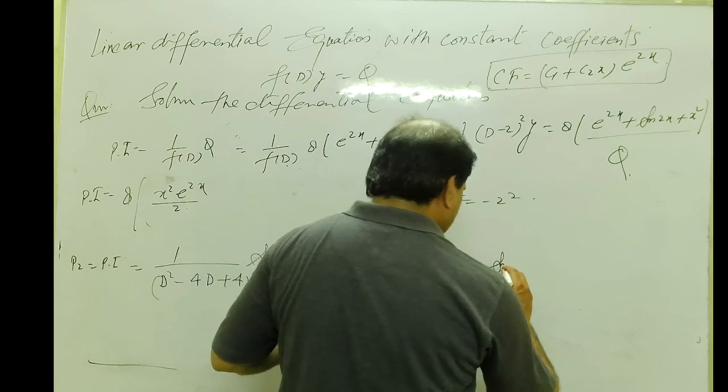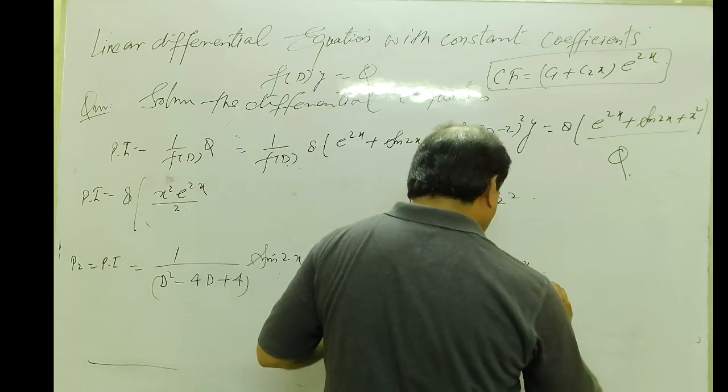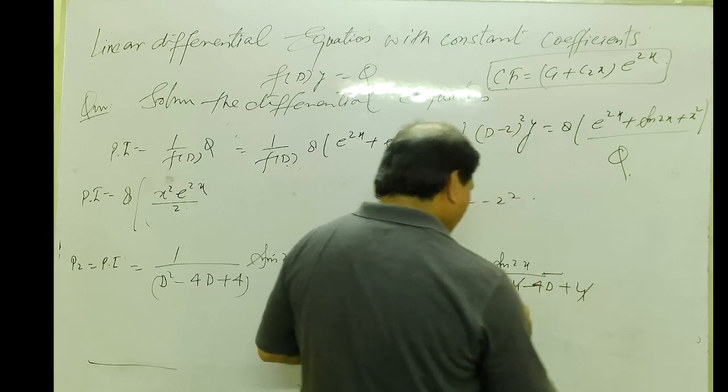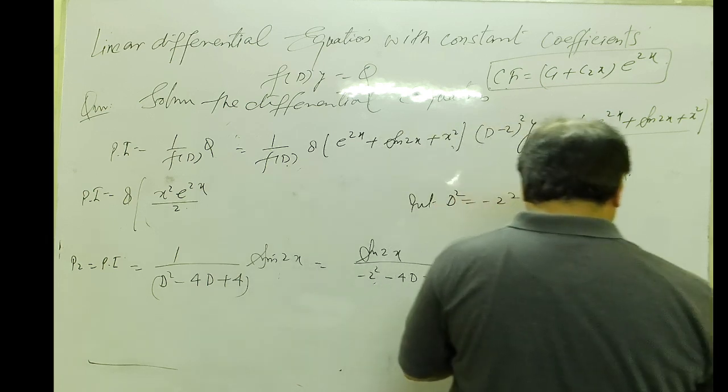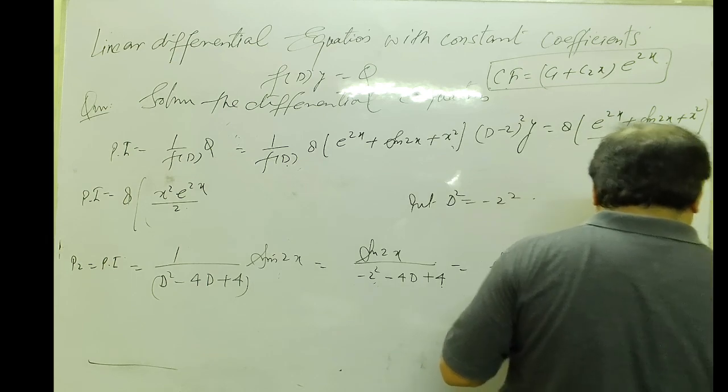That is sine 2x upon D² minus 4 minus 4D plus 4, and the minus 4 plus 4 cancel, leaving sine 2x upon minus 4D.